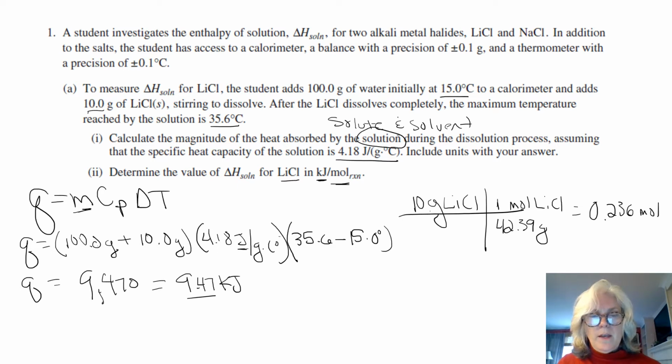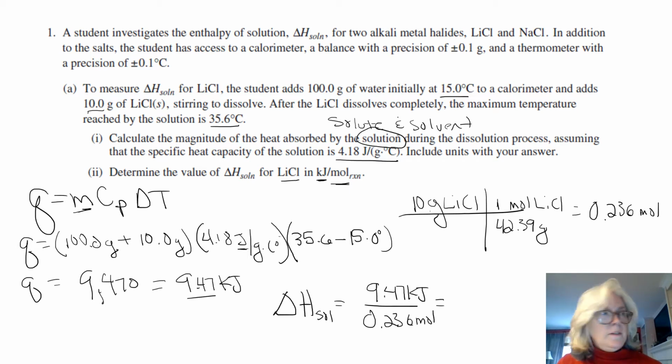So to figure out the delta H of solution, I'm going to take my kilojoules, which is 9.47, and divide it by my moles dissolved, and I should get 40.1 kilojoules per mole. Okay, we can't stop here.